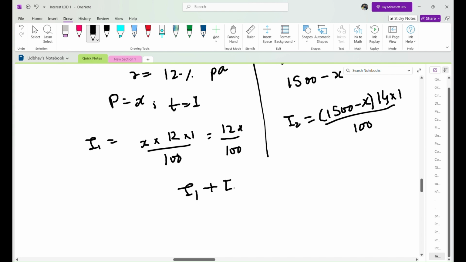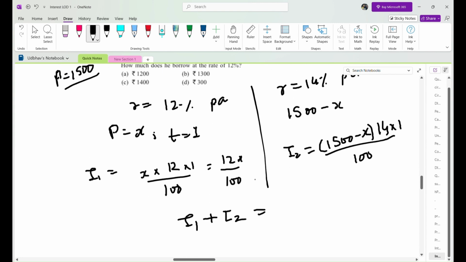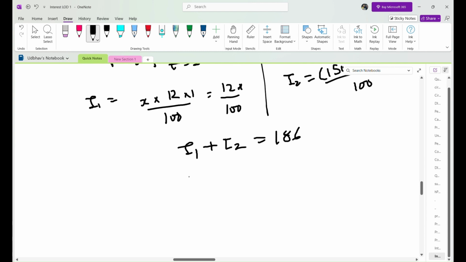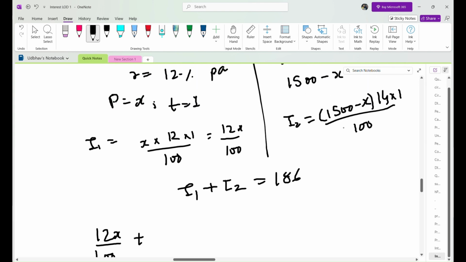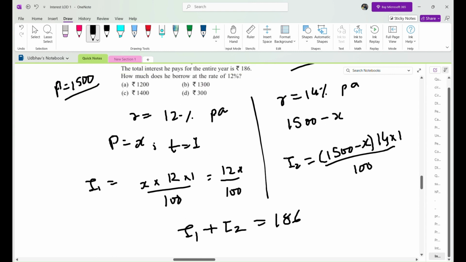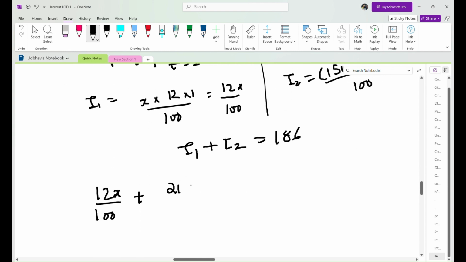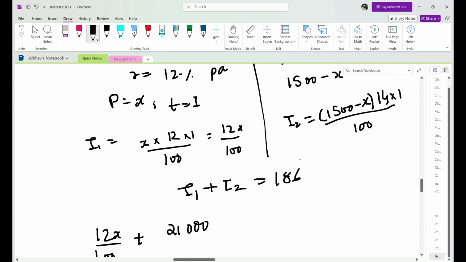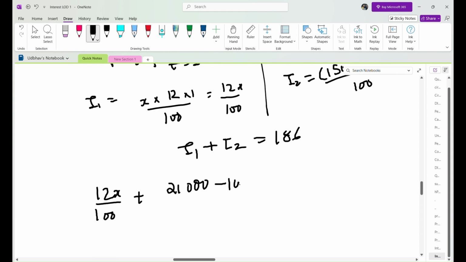So I1 plus I2 we are given as 186. So 12x upon 100 plus 1500 into 14, which will give us 21000, minus 14x upon 100 equals 186.